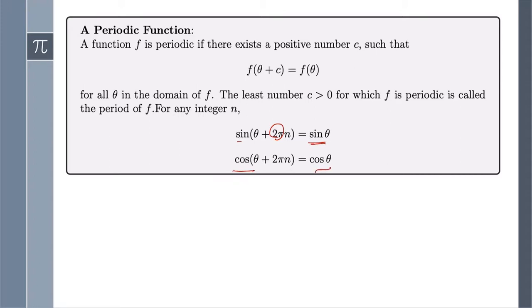So sine and cosine functions are periodic functions. And the period is the interval after which it comes back to the same point or same value. So for example, for sine and cosine, we come back to the same value after 360 degrees or 2 pi radians. That means one complete revolution or one complete rotation. So that's what the period is. So for sine and cosine, the period is 2 pi.